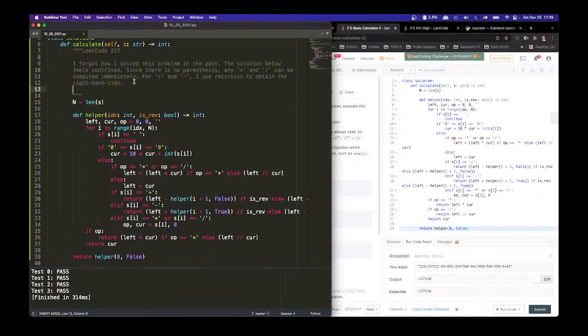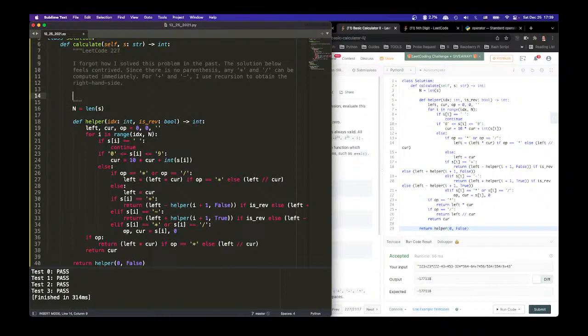And there are a few obstacles, right? Obstacles to jump through.